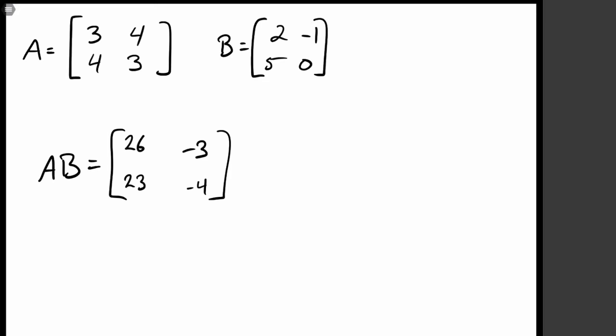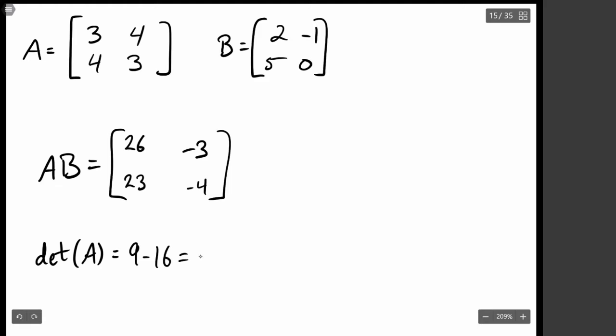So let's find the determinants of all these things. The determinant of A is going to be 9 minus 16, which is negative 7. Determinant of B is going to be 0 minus negative 5, so that's 5.